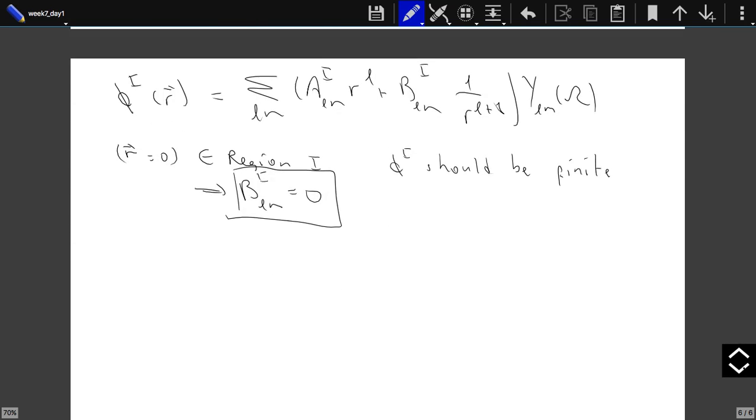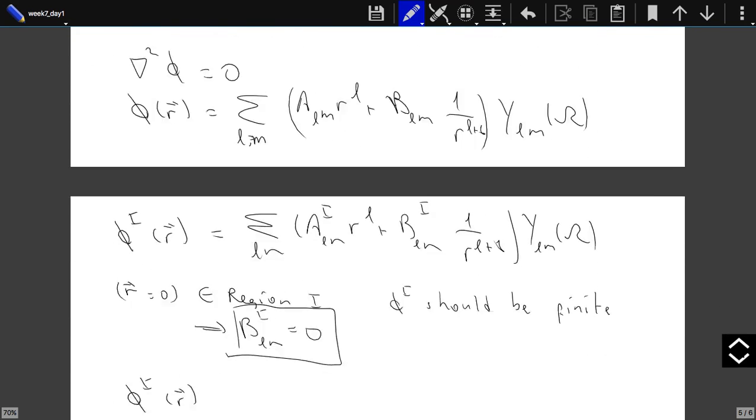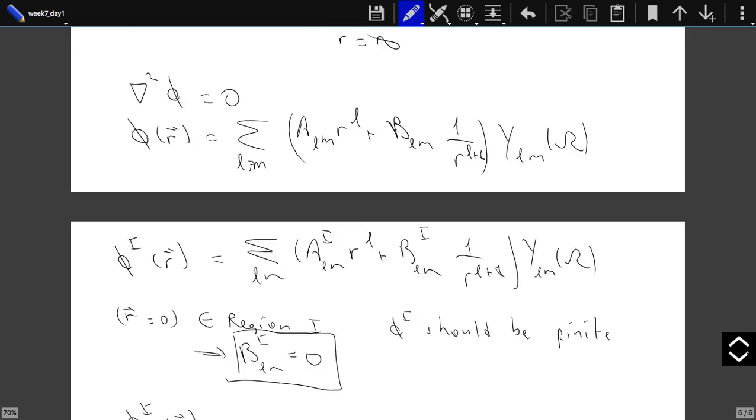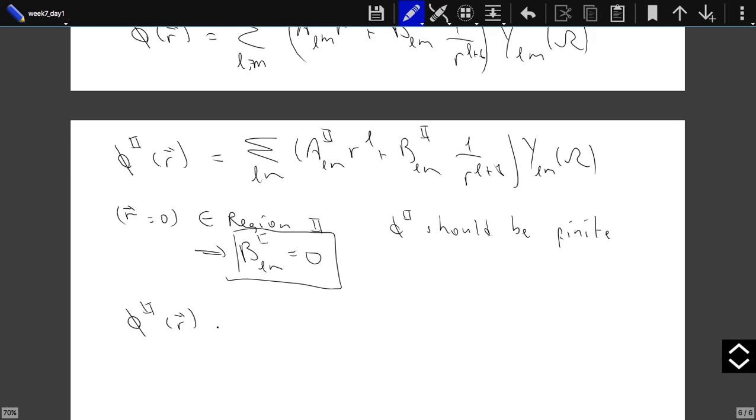B should be 0, because B is proportional to the inverse powers of R, and when you set R equal to 0, they just diverge. If B is non-zero, you cannot have a finite potential at R equal to 0. So the potential in region, sorry, did I write it wrong?